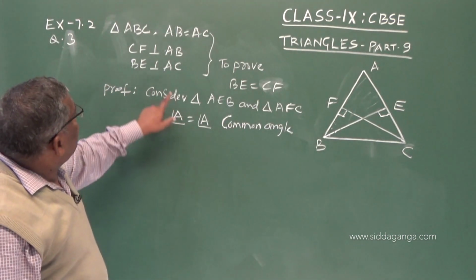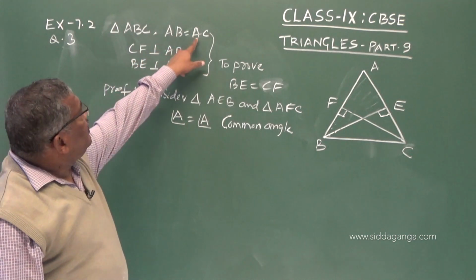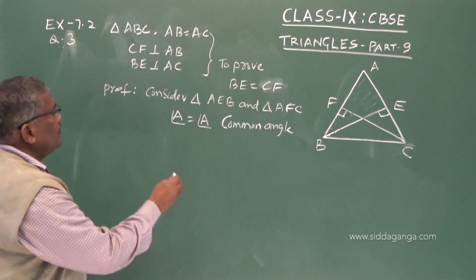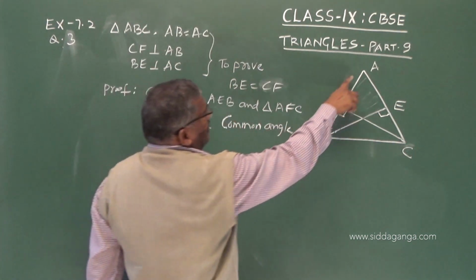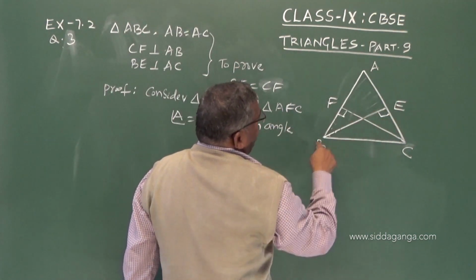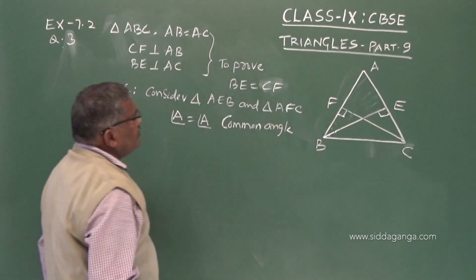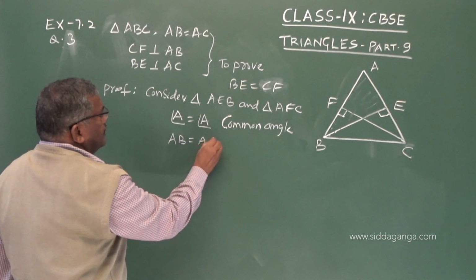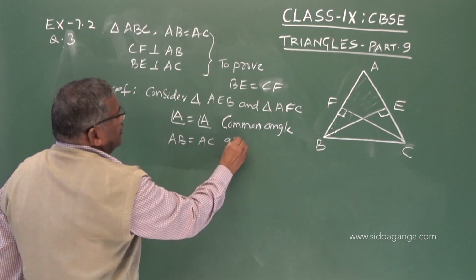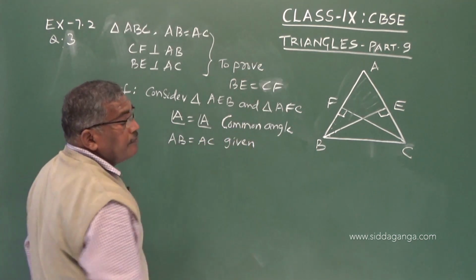Now, it is given AB equals AC. So, AB is there in this triangle also. So, AB equals AC, given.